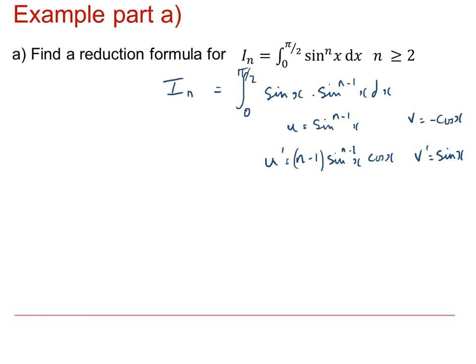Integration by parts says that the integral is uv minus the integral of v u dash dx.